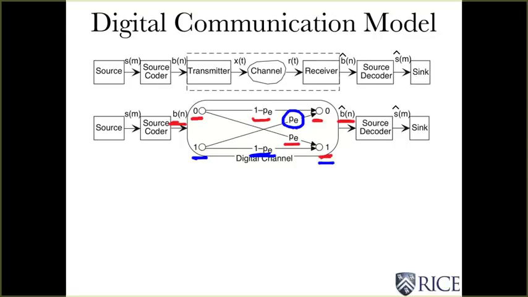So PE summarizes all the design choices and channel characteristics that are needed in information theory. So we're just going to assume we have a PE, we have a bit sequence, it goes in, another bit sequence comes out, and those bits may be flipped, changed with probability PE.